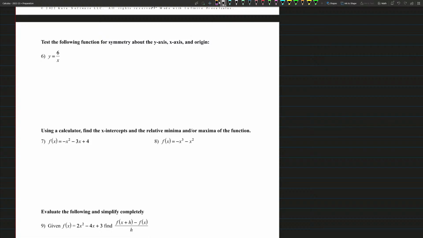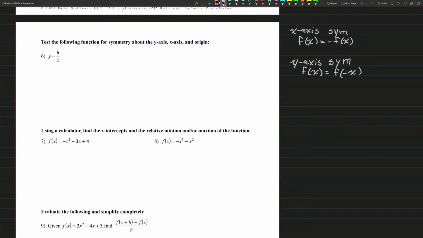So to test for x-axis symmetry, we need to test if f of x is equal to negative f of x. For y-axis symmetry, we need to test that f of x is equal to f of negative x.